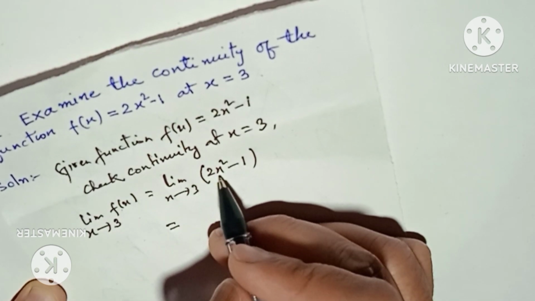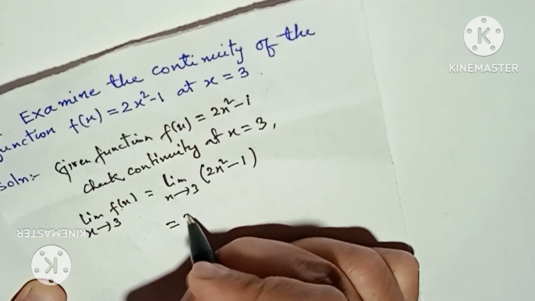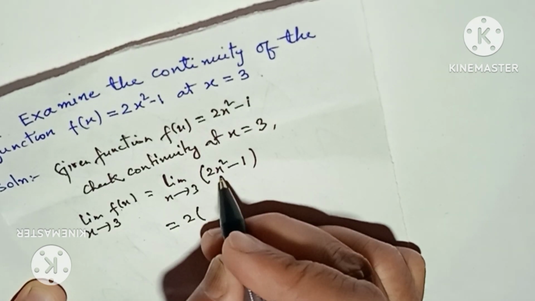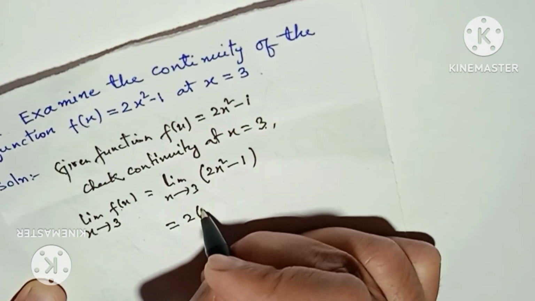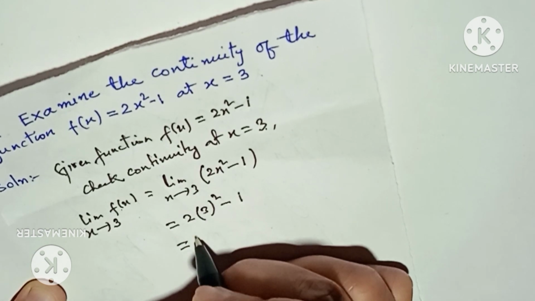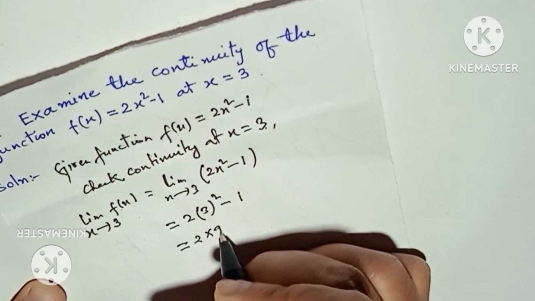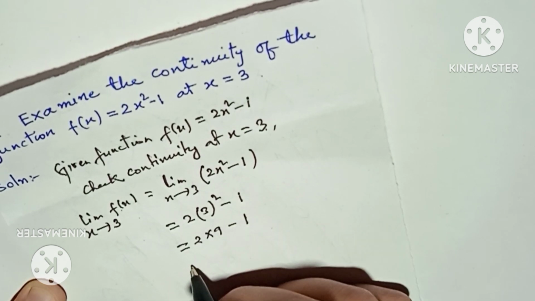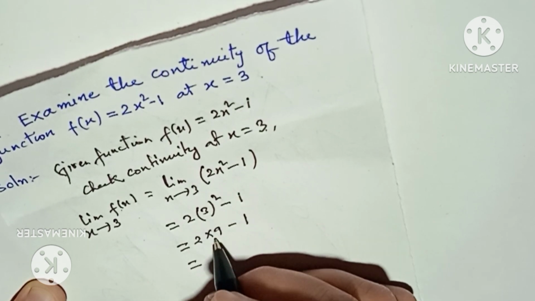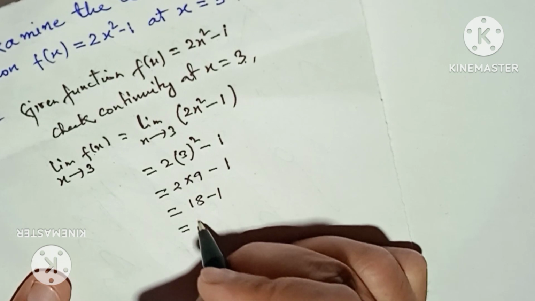Substituting the value of x equal to 3, we get 2 times 3 squared minus 1. 3 squared is 9, 2 times 9 is 18, 18 minus 1 is 17.